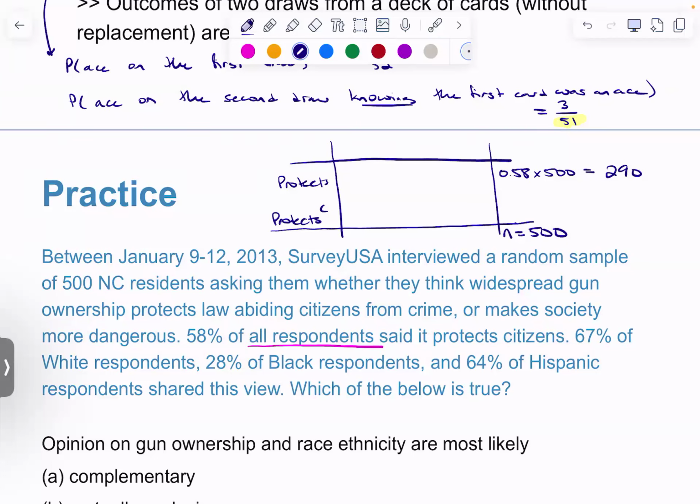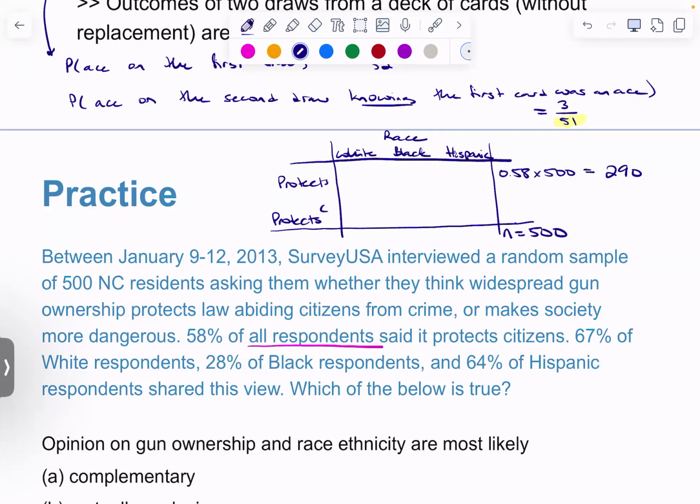We also collected, or I guess they also collected race. We've got white respondents, black respondents, and Hispanic is usually in there. So now 67% of white respondents.